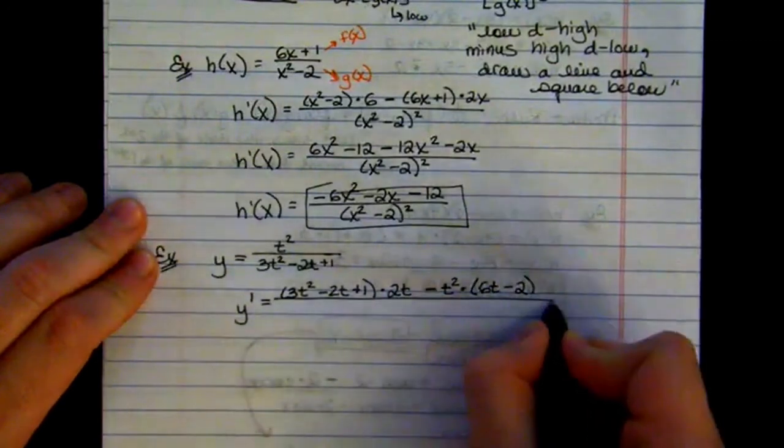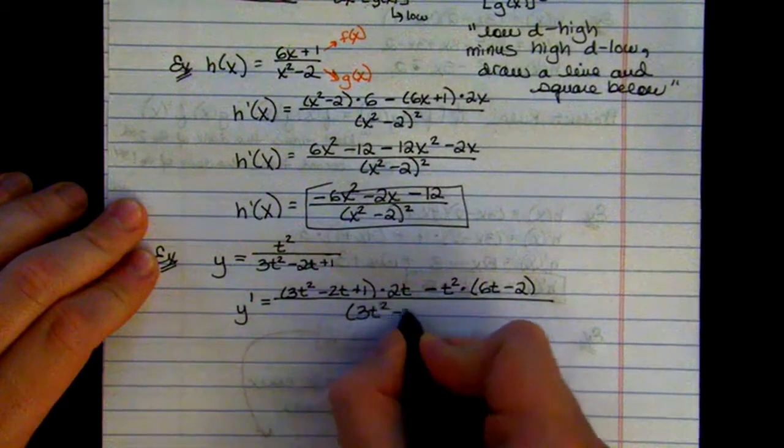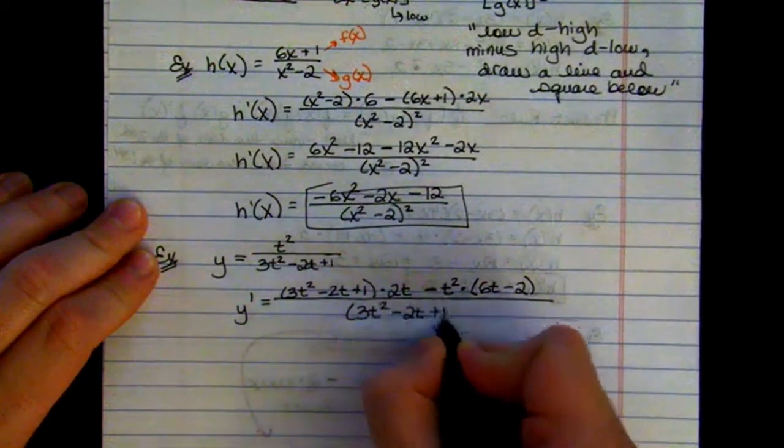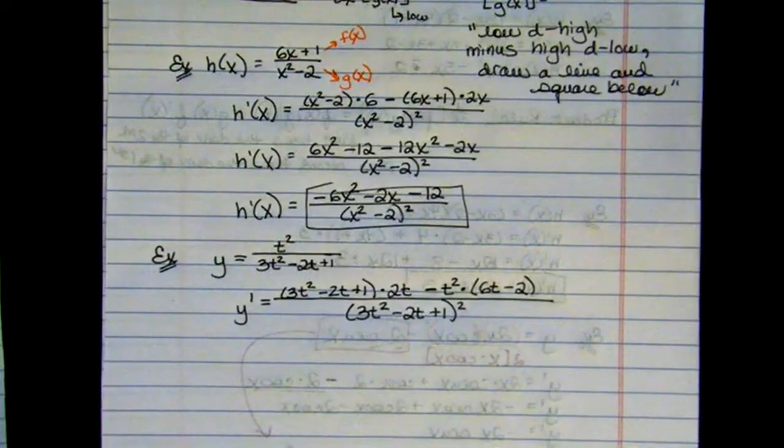Now we draw the line and we square below. I'm going to make the video pause again. You take a moment and clean up that numerator, but leave the denominator as that one polynomial squared.